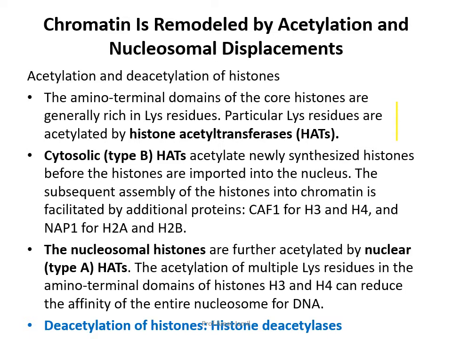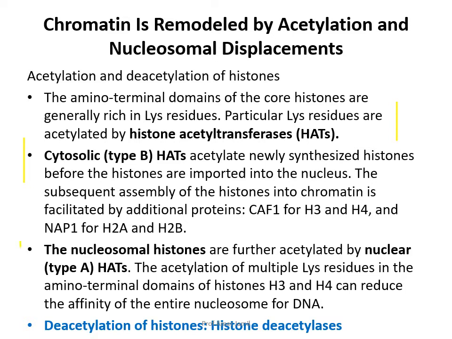There are two types. One are the cytosolic type of HATs. These histone acetyltransferases acetylate newly synthesized histones before the histones are imported in the nucleus. And subsequent assembly of histones into the chromatin is facilitated by additional proteins such as CAF1 and NAP1.